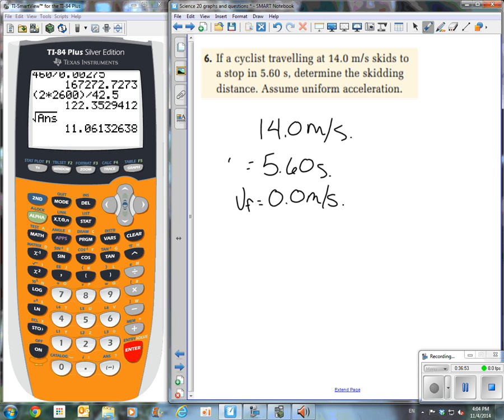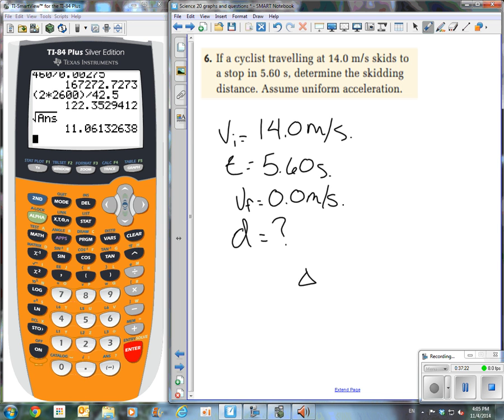Seconds is a unit of time, and meters per second is velocity, but this is the initial velocity that the cyclist is traveling. We're going to assume uniform acceleration, and the question is asking you for displacement. How far? So in my data booklet, I'm going to find a formula that contains these 4 things: final velocity, initial velocity, time, and displacement.